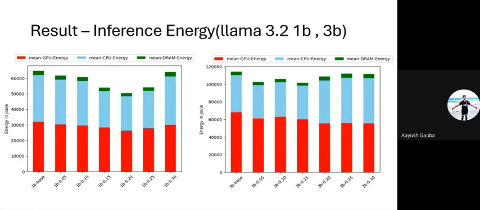So this is the interesting part. If you look at the inference energy, this is the base model. You would think that with fewer neurons the energy consumption should also be less, but that's not happening. If you look at the 30% part, it's actually more. This is the base model, and this is pruned by 30%.